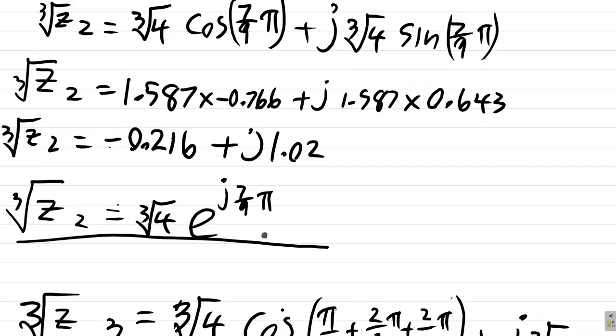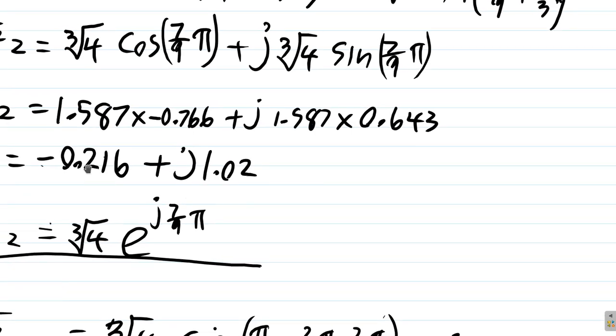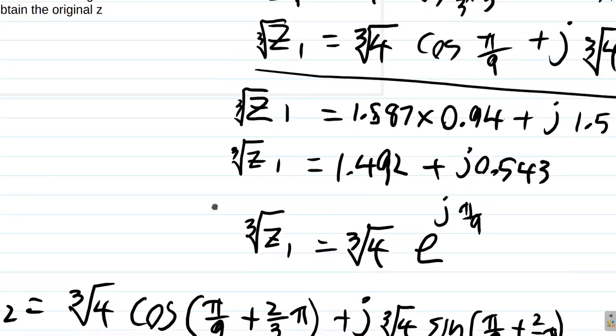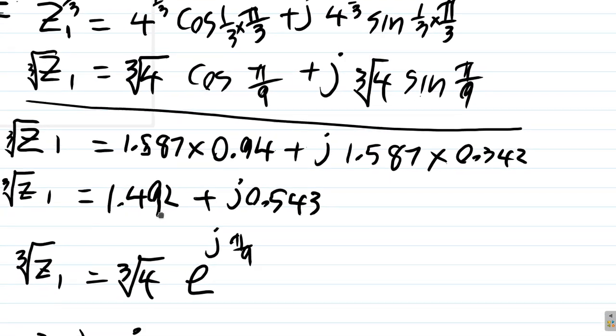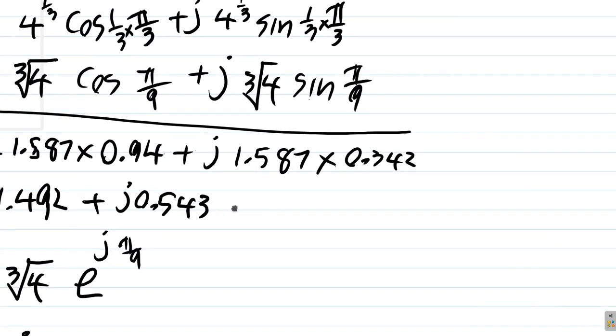The radius is 1.587. Good. You see the first thing there, the first root, cube root, call it 1.5 plus j 0.54.